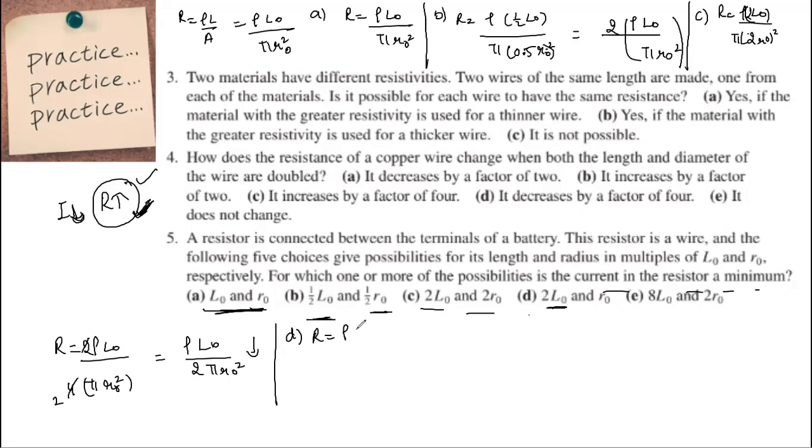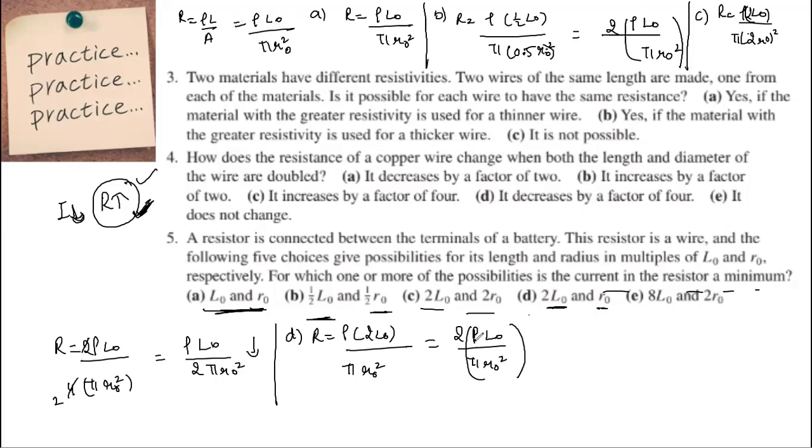He's saying multiply the length with 2 and keep R naught the same, divided by pi R naught square. Let me rearrange: 2 rho L naught upon pi R naught square, right? In this case also, the resistance is becoming twice.